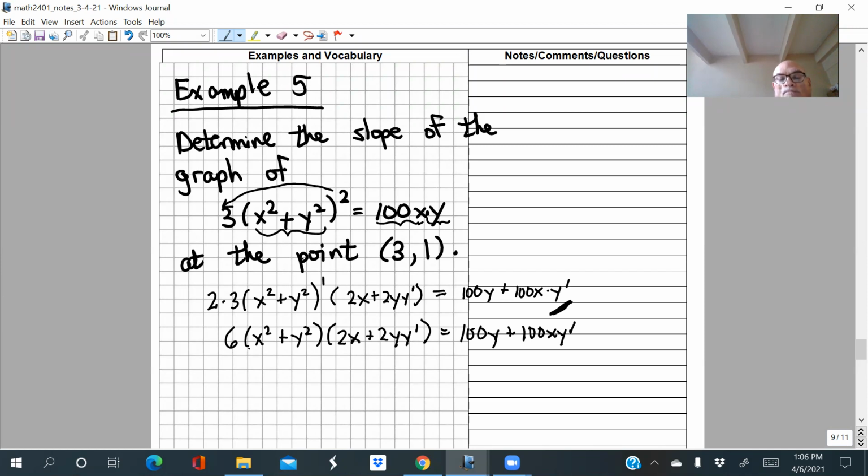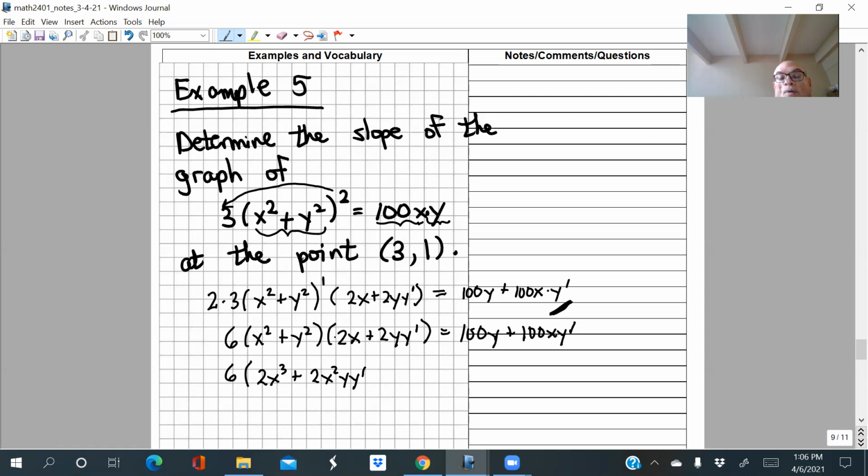All right, so let's distribute here. So we have 6 times x squared times 2x. I'm going to multiply the parentheses together first. X squared times 2x, that's 2x cubed, right? X squared times this would be 2x squared y prime.